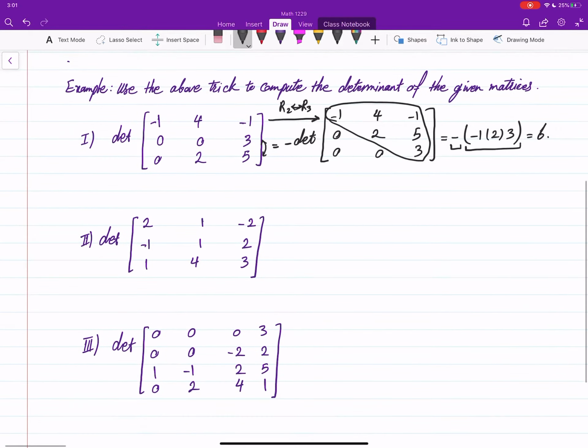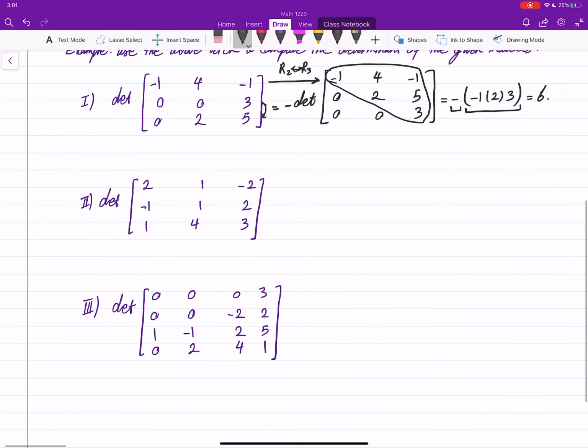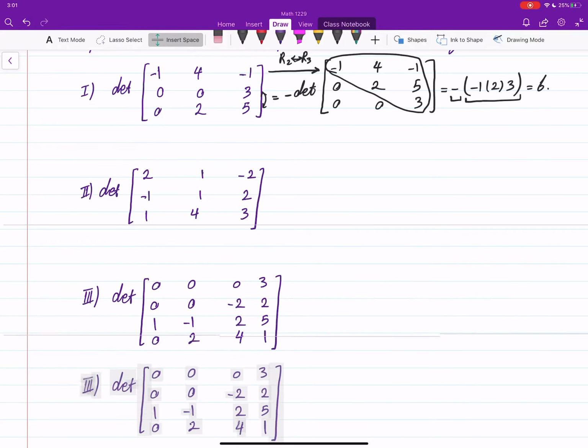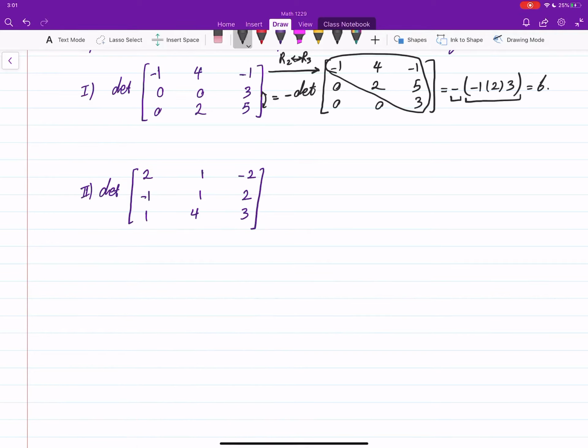Okay. Let's do the second one. The second one probably needs more space here. Let me just do it. Okay. So as I said, I will start doing the operations up there, but the changes of determinant on the main line here. I like to start this by interchanging row 1 and row 3.